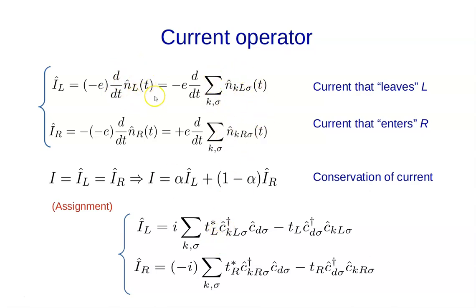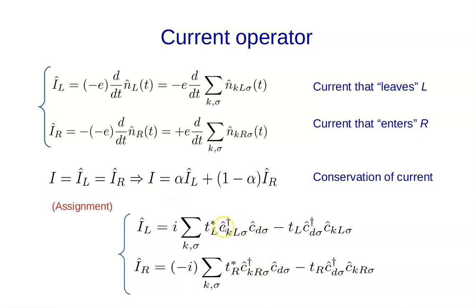It will turn out that these currents have this form: I times the sum over k and spin sigma, then there will be a t_L star, c dagger k L c_d, minus, and this minus is important, it comes from the minus i, c_d dagger c_kL. So that's the current that leaves L, and the current that arrives at R is identical to this one, except that we have a minus sign here, okay?